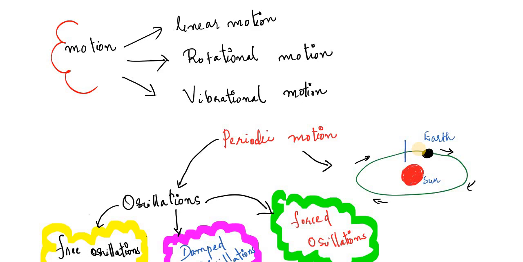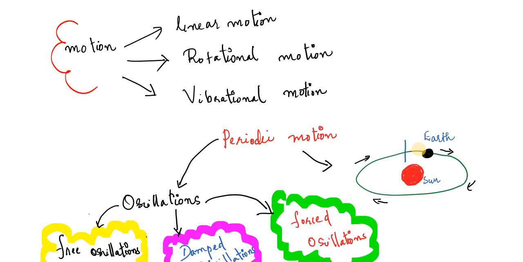I hope you all have heard about resonance. Resonance also plays an important role in engineering and design. In acoustics, communication and electromagnetism, in every area, oscillation and resonance are important parameters. That's why we are studying the fundamentals of oscillations in your engineering physics.